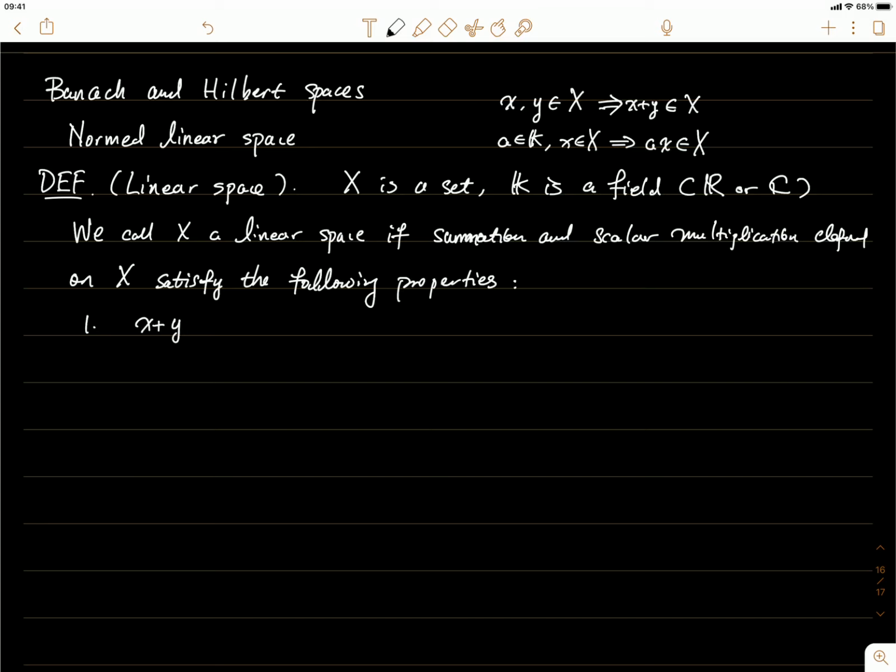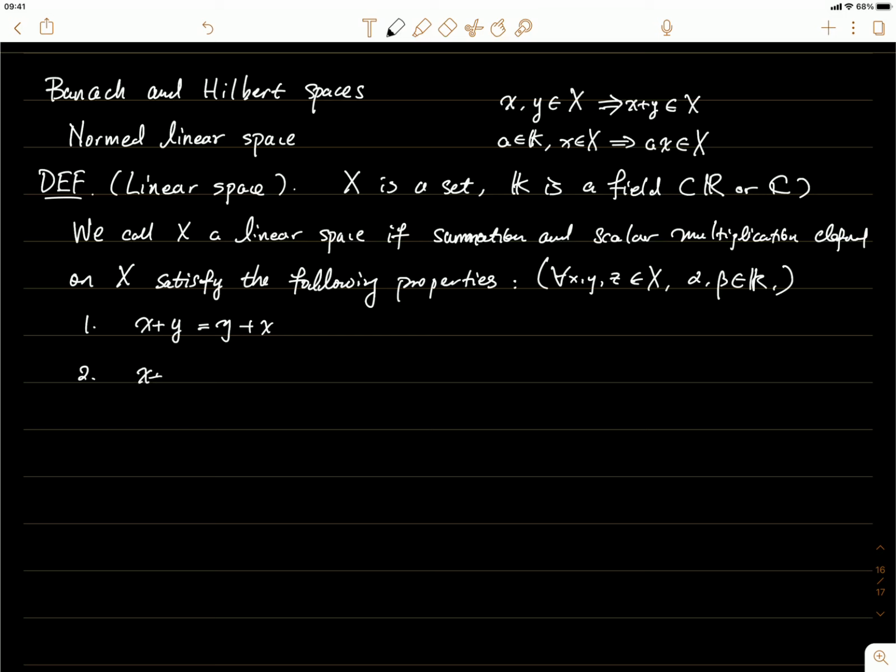For any x, y, and later on we'll also talk about z, and any scalars alpha, beta, we have the following. The first one is x plus y equals y plus x: the summation is symmetric, or I should say, commutative.